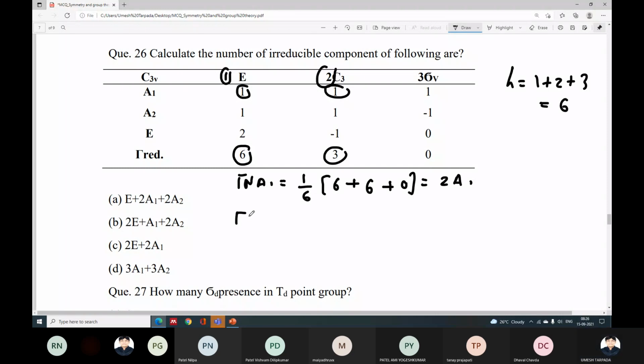6 into 1 into 1 that is 6, 3 into 1 into 2 that is 6, -3, 0.